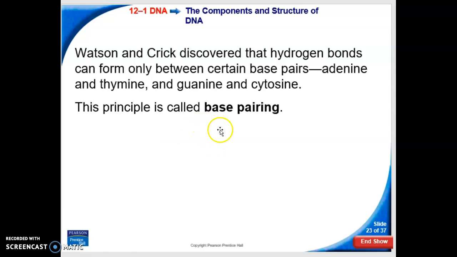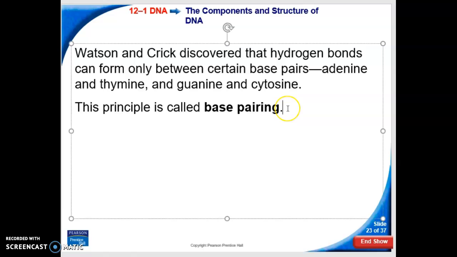The last thing is that when we say guanine has to pair with cytosine and adenine has to pair with thymine, this is a rule called base pairing. So you know that adenine always pairs with thymine and cytosine always pairs with guanine.